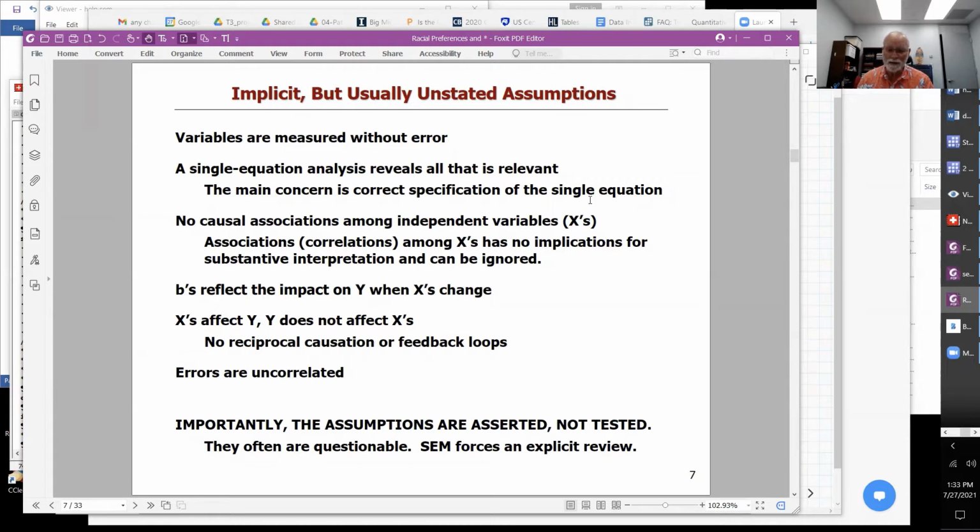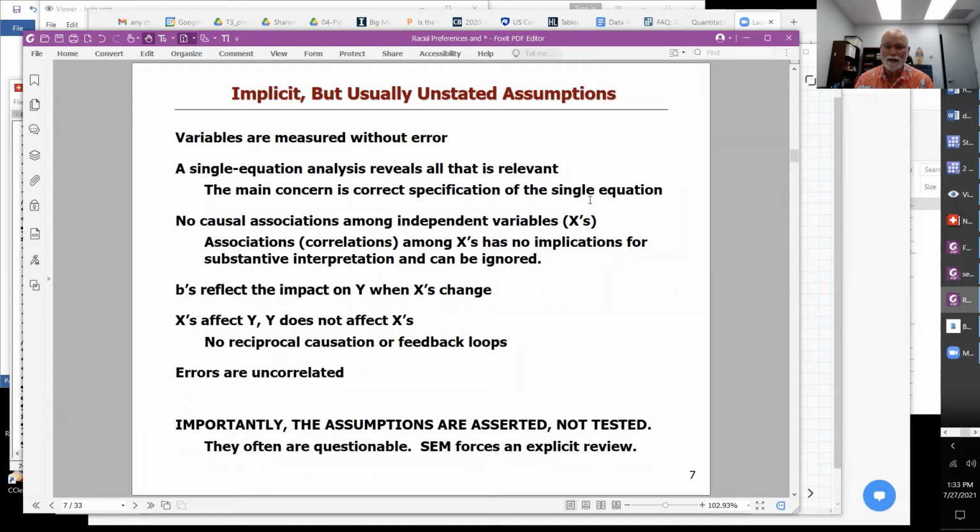Often it's implicit, meaning that you don't stop and state explicitly that you're adopting these assumptions. They're just taken for granted. And often it can slip your mind that these things are implied anytime you draw an inference out of the analysis that you've performed. So let's just start with some major unstated assumptions.